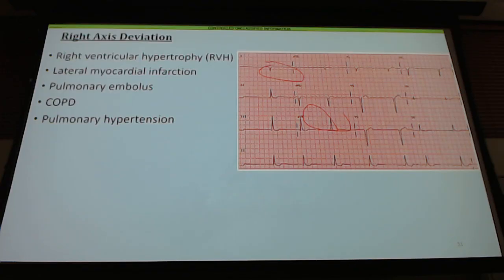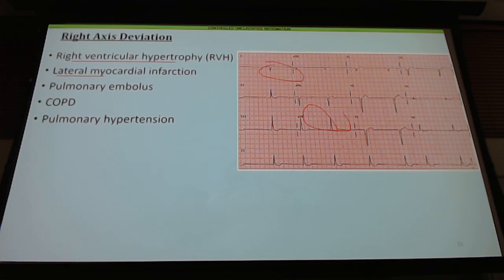Either the mass on the right is larger than normal, so you're having more of a vector going down that way, or the opposite side of the heart is dead. So if you have a lateral myocardial infarction, you lose the vector going to the lateral aspect of the heart, and now it looks like it's all going towards the right. You're going to get that right axis deviation.